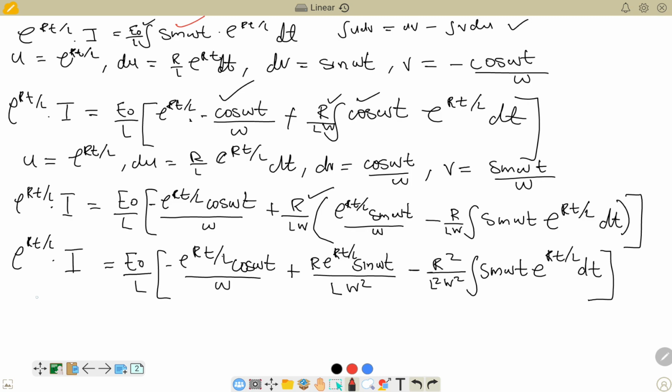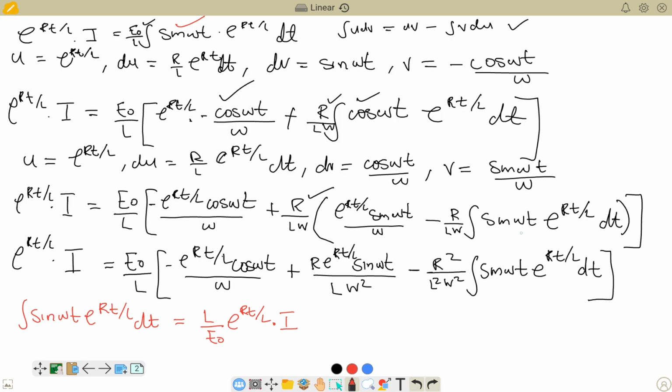So we will have the integral of sine wt e to the power rt over L dt equal to L over e naught e to the power rt over L times I. So it's a little bit long.